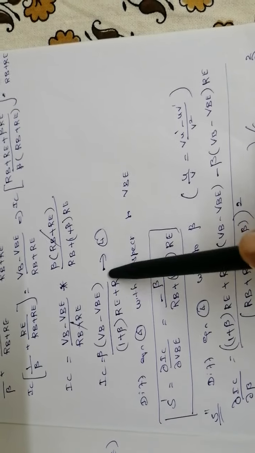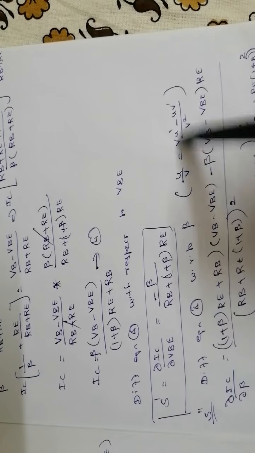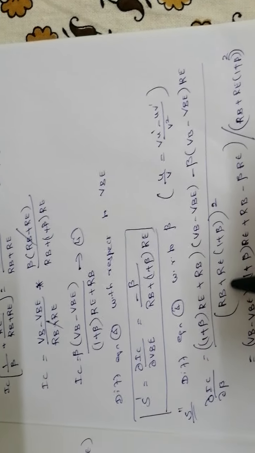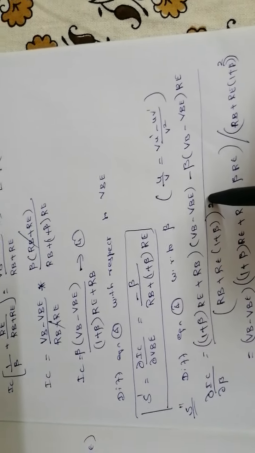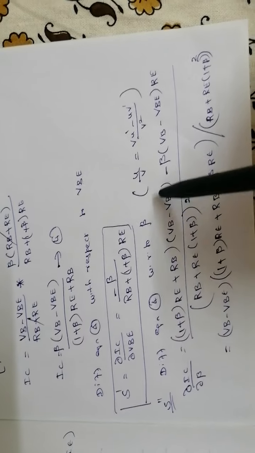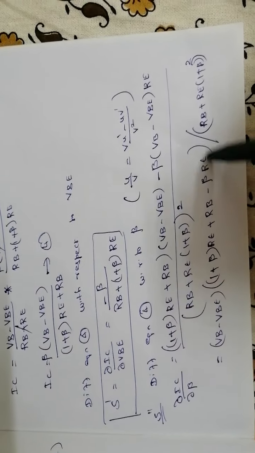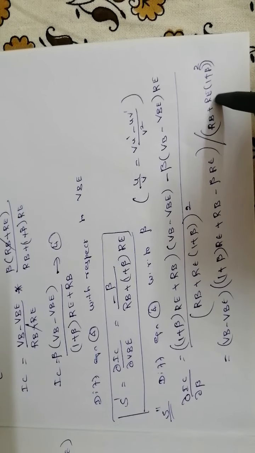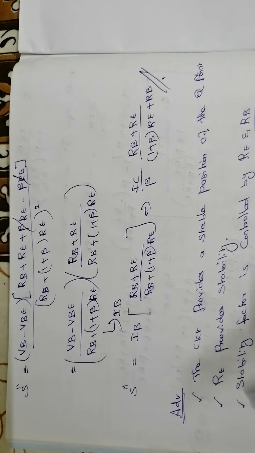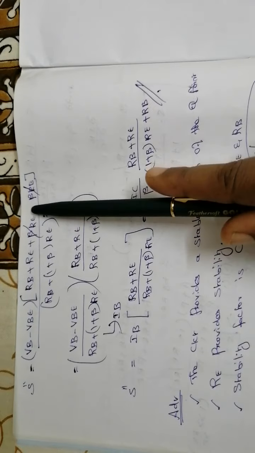So RB becomes 0, we only get RE, divided by V squared. So the denominator term is squared. Now VB minus VBE is common to take. So 1 plus beta RE plus RB minus beta RE, divided by the denominator whole square. After simplification, these two terms cancel.